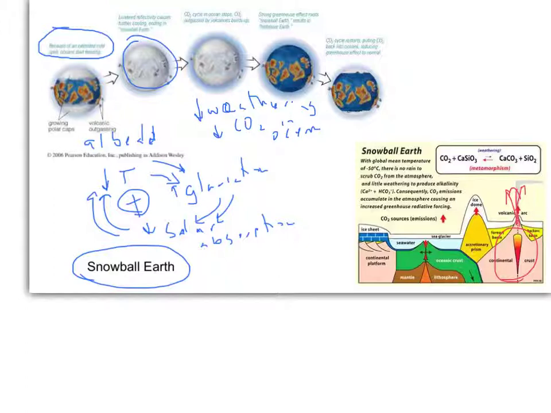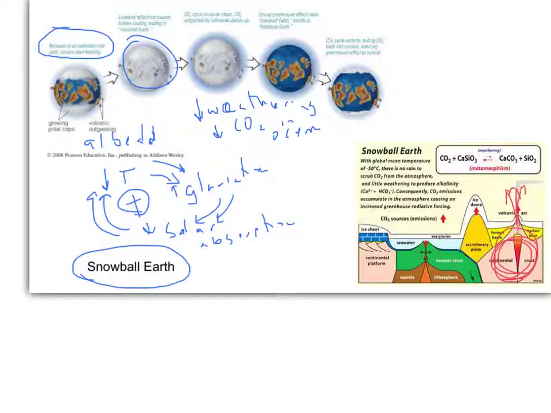So once you get into the Snowball Earth situation, there is a natural way that the Earth will eventually break out of it, because the volcanoes are going to continue to pump out carbon dioxide. Because of the ice layer, there's no way for the ocean to remove carbon dioxide.